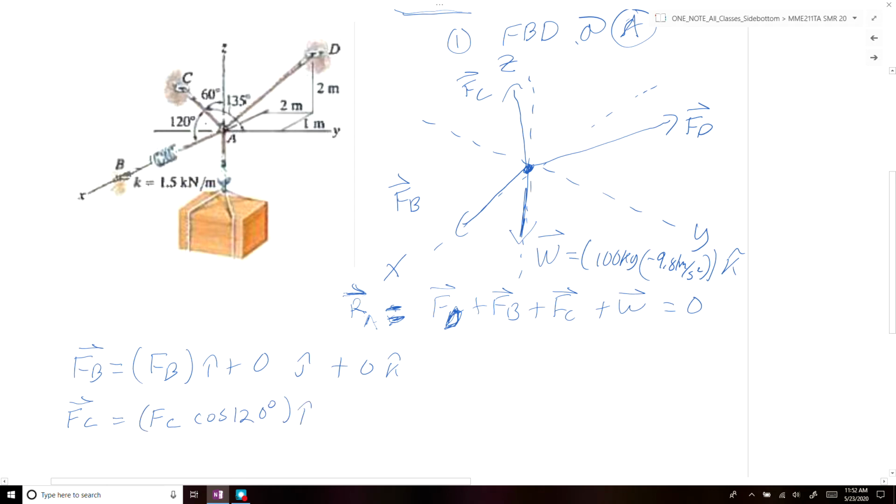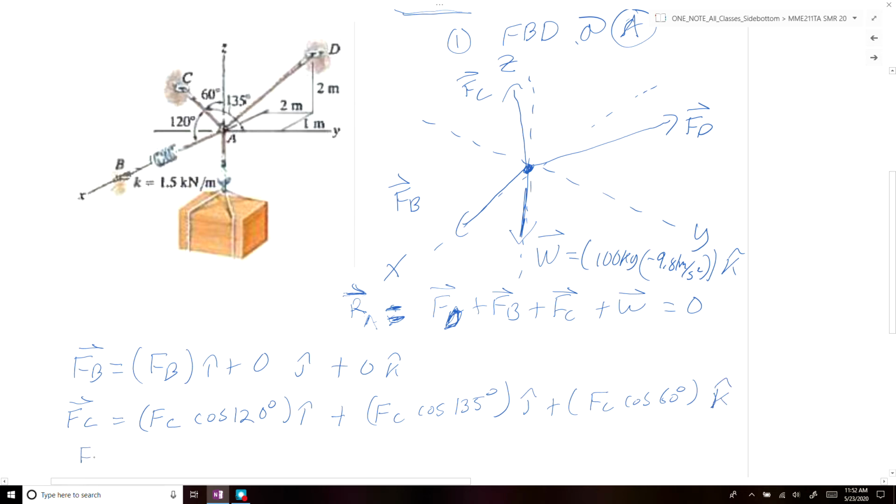That's the angle between the x-axis and our vector AC, plus FC times the cosine of 135 degrees, which is the angle between AC and the y-axis, and then the last one would be FC times the cosine of 60 degrees, which is the angle between AC and the z-axis.